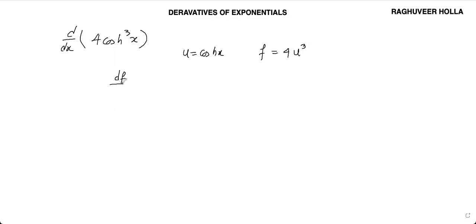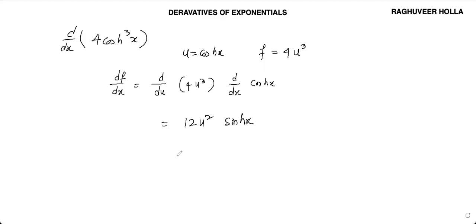So df by dx is d by du of 4 into u cube and d by dx of cos hx. So this is 12 u square and this is sine hx, which is equal to 12 cos h square x sine hx.